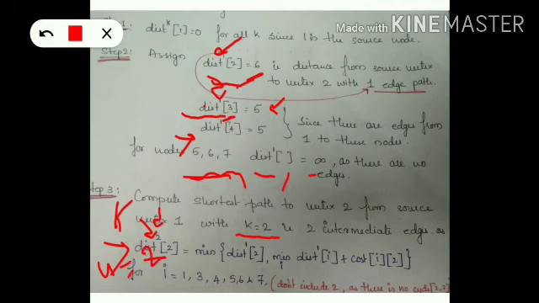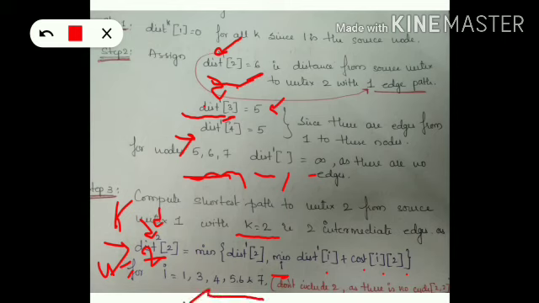So this entire thing now reduces to dist^1[2], minimum of dist^1[i] plus cost[i, 2], where i is nothing but the iterations. So i's value will range from 1 to 7.